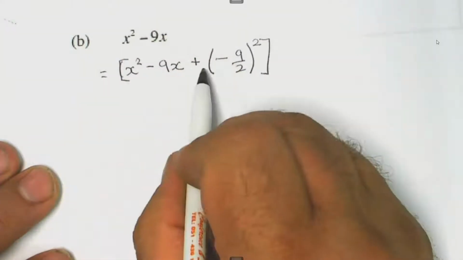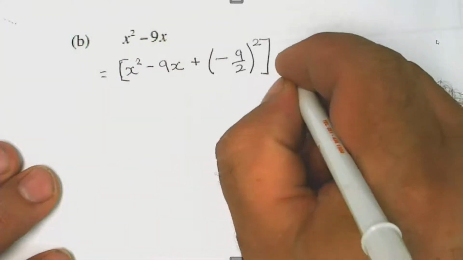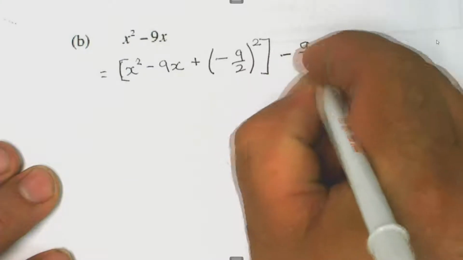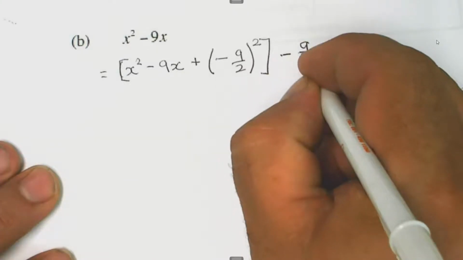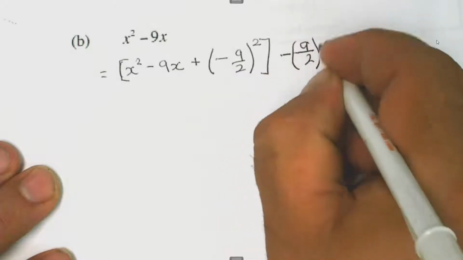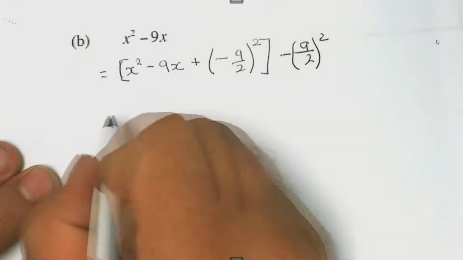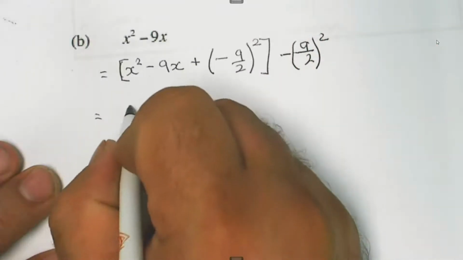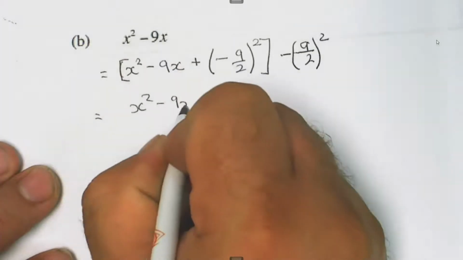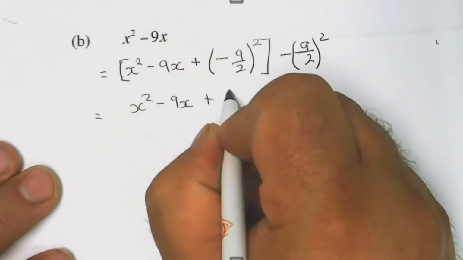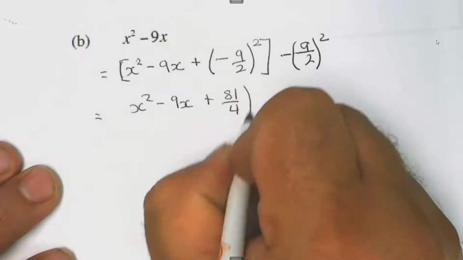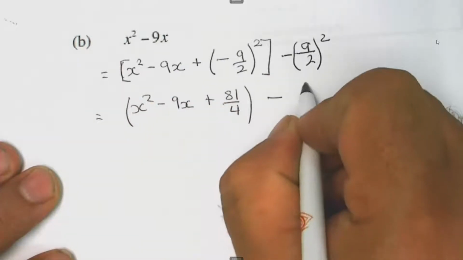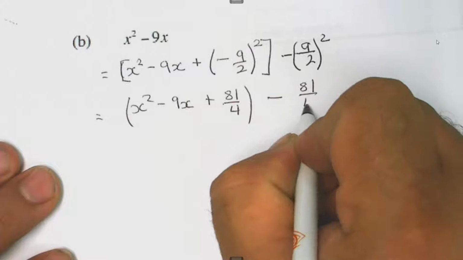So if you add negative 9 over 2 squared, then you need to subtract negative 9 over 2 squared. And this here becomes x² − 9x + 81/4 minus, in this case, 81/4.